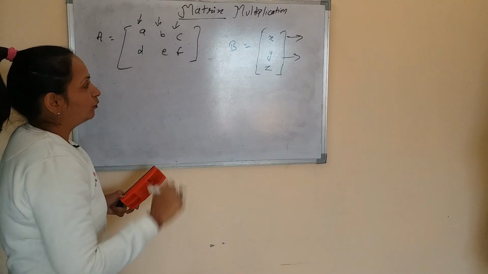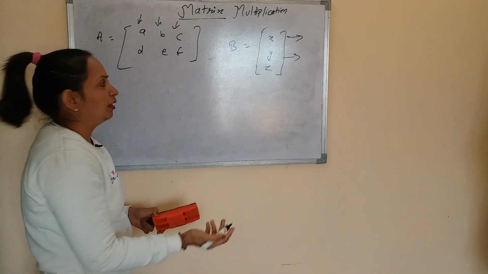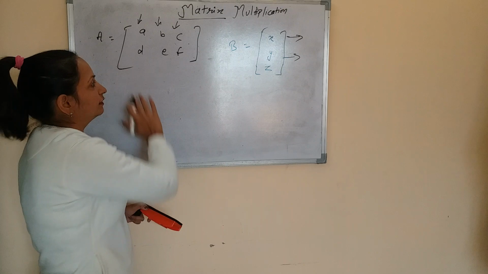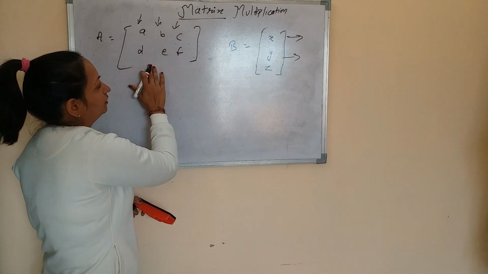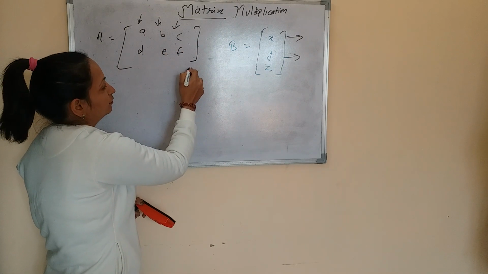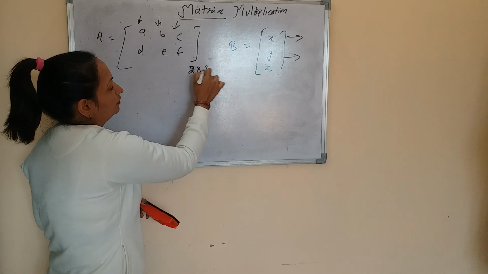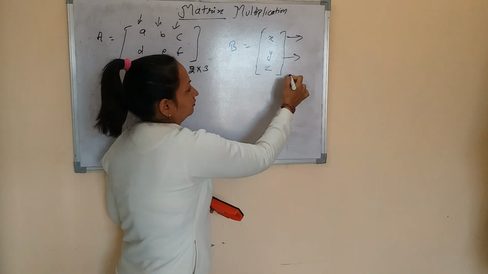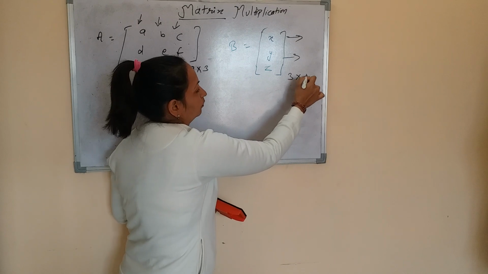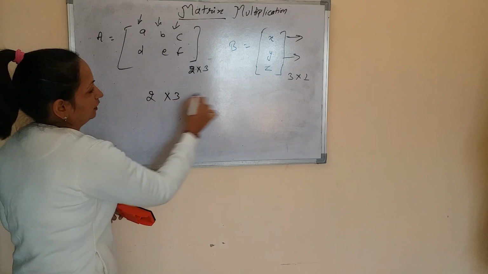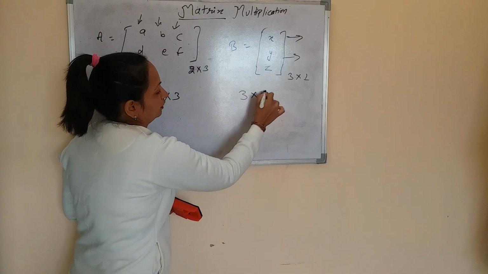Okay, one more thing you can remember to check the condition: we write the order, right? If I write the order of this matrix in the subscript, it will be 2 into 3. And here the order will be 3 into 1. So write down the order here, 2 into 3, and here 3 into 1.